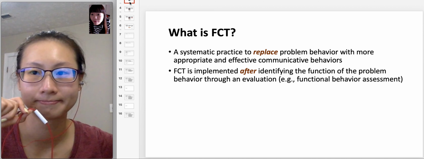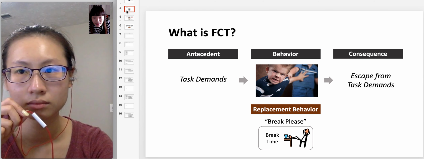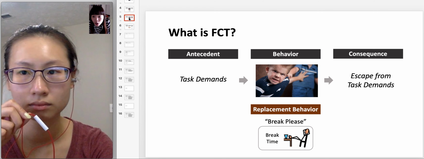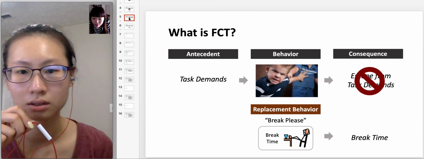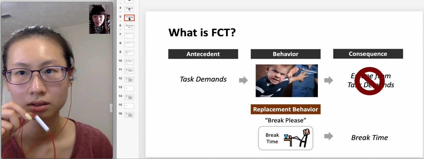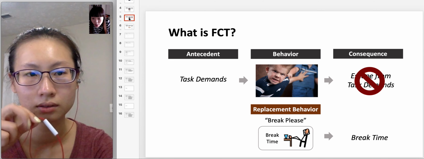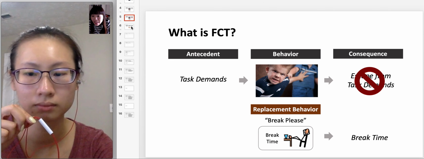Depending on the student's primary mode of communication, the replacement behavior can be saying, break please, or handing over a picture card. In the FCT, the student's challenging behavior will not be reinforced. However, the replacement behavior will be followed by reinforcement. If the student says break please or hands over the picture card, the student will have a break time.